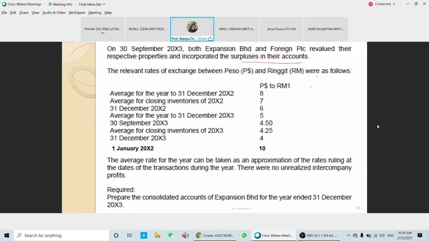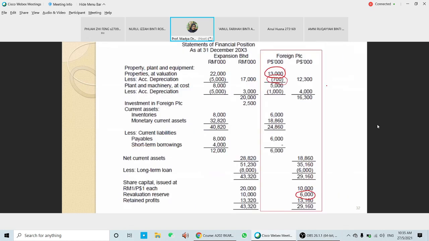We focus on Foreign first because that is the one we're going to translate. Foreign has a revaluation on 30th of September. We refer back to the value that you have in Foreign here, which is 13.